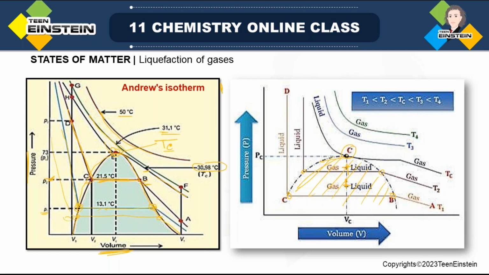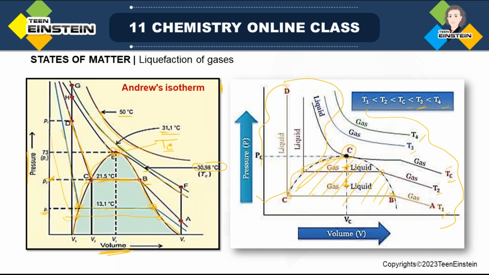But this is critical temperature at point C, above which there is only gas in the right hand side zone. But if you consider this left hand side zone, there is liquid. Fine. But important point is here T4 greater than T3, that means T4 high, T3 less, TC less, then gradually it is decreasing and decreasing.